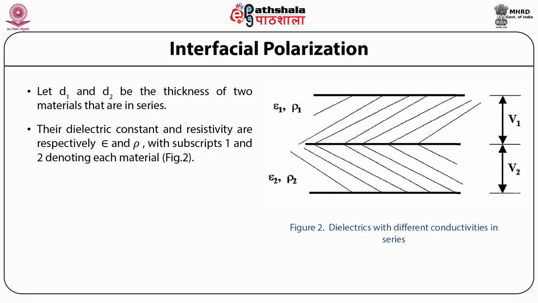Their dielectric constant and resistivity are respectively epsilon and rho, with subscripts 1 and 2 denoting each material, as shown in figure 2. Figure 2 shows dielectrics with different conductivities in series. So we have one medium with epsilon 1 and rho 1 and another with epsilon 2 and rho 2.